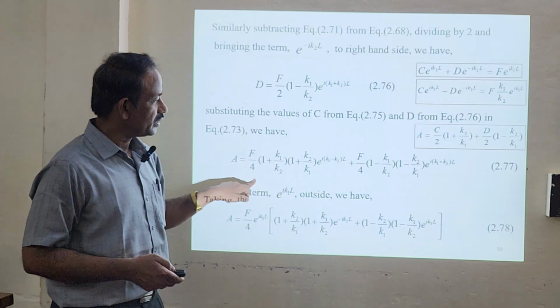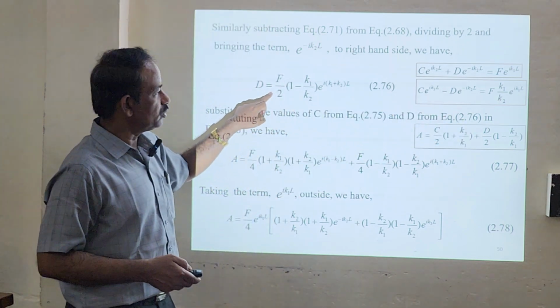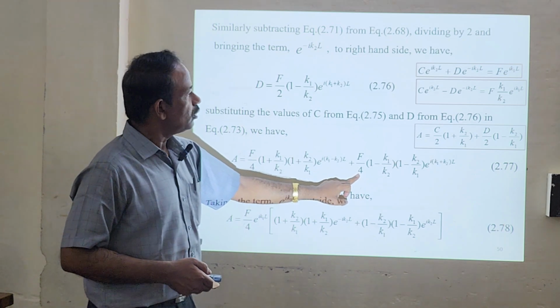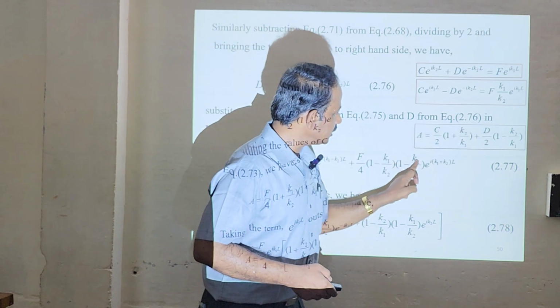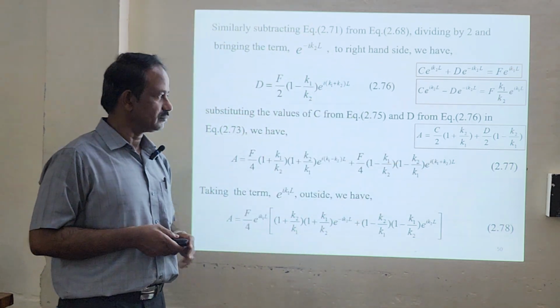Is it okay? Plus your D, the expression for D is here. So you will have f by 2, already D by 2 is there, so f by 4 (1 minus k1 by k2), this expression (1 minus k2 by k1), and e power i (k1 plus k2) there. So is it clear?